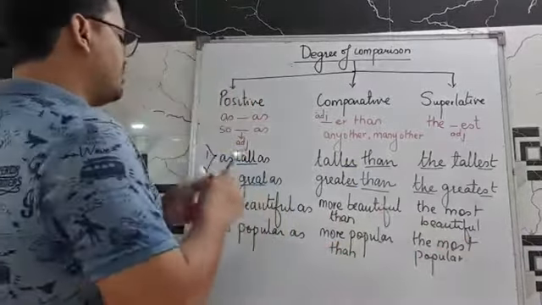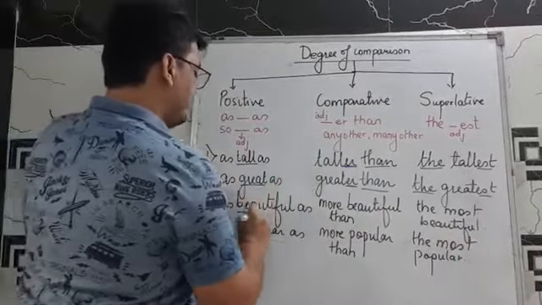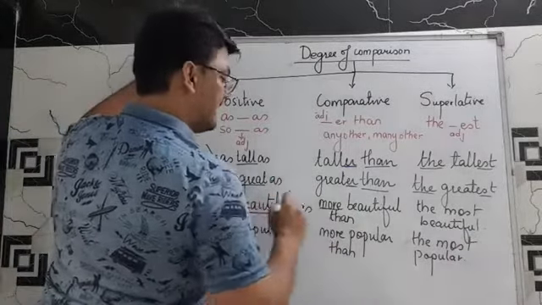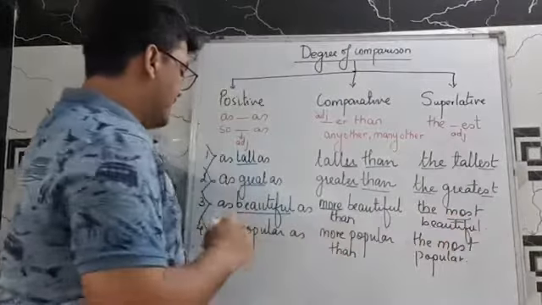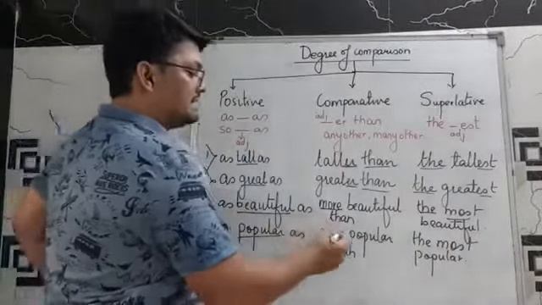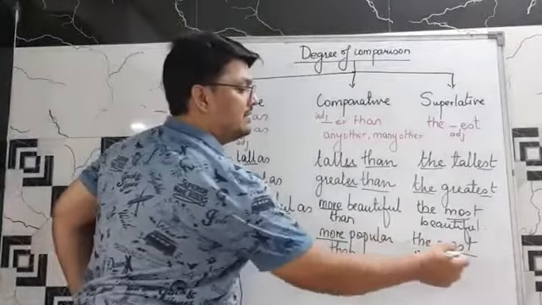You can see how I changed beautiful: as beautiful as turns into more beautiful and the most beautiful. As popular as turns into more popular and the most popular.